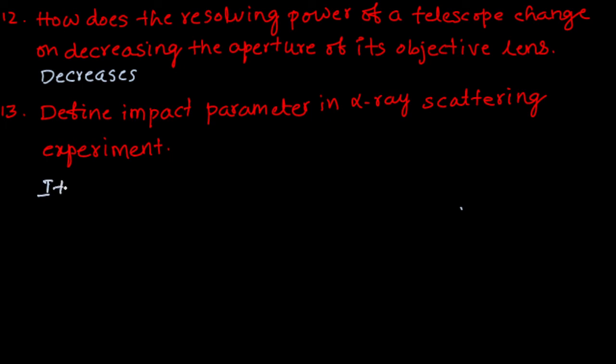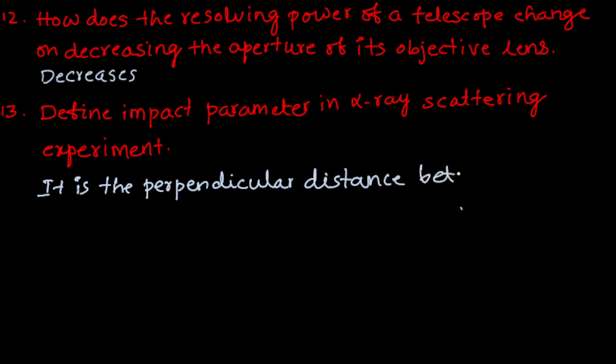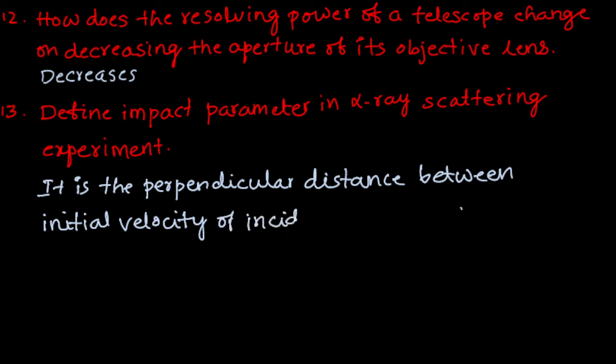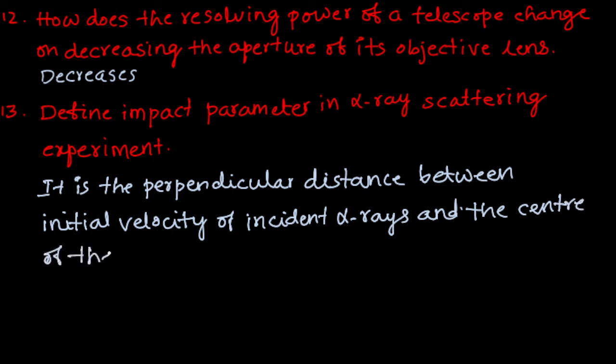It is the perpendicular distance between the initial velocity of the incident alpha rays and the center of the nucleus.